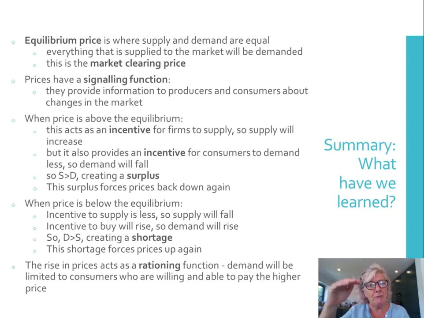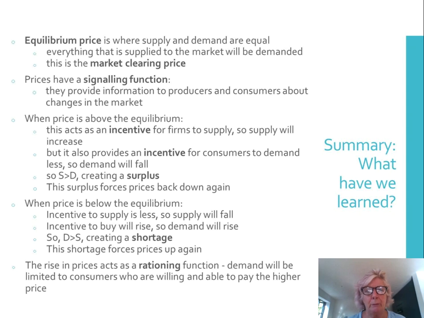If the price goes above the equilibrium, it acts as an incentive for firms to supply more, but also it acts as an incentive for consumers to demand less. So we get this surplus where supply is greater than demand, and that will force the price back down again. So when price is below the equilibrium, the incentive to supply is less, so supply will fall.